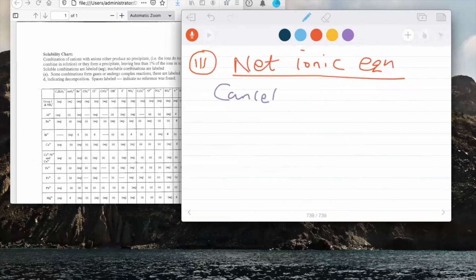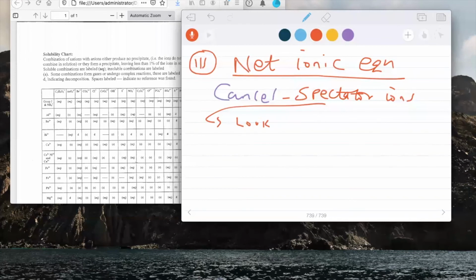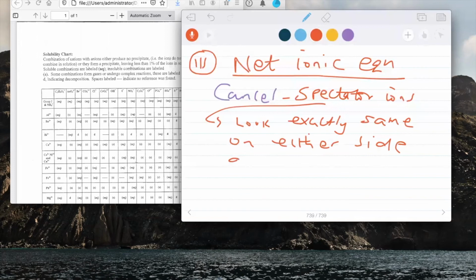what we call spectator ions. Spectator ions are ions that look exactly the same on either side of the total ionic equation.